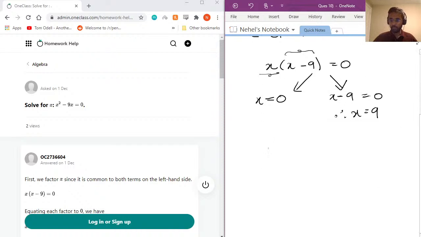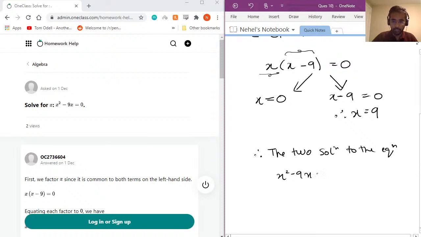Okay, so therefore the two solutions to the equation x squared minus 9x equals 0 are x equals 0 and x equals 9.